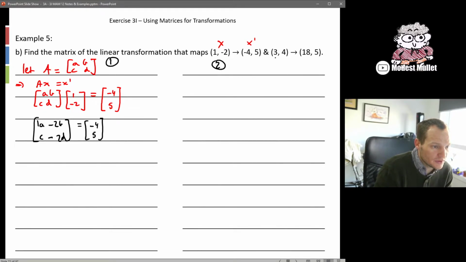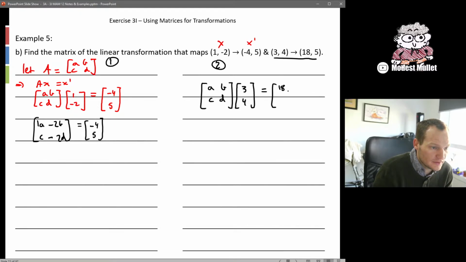Now we'll do transformation 2, which is this one. Same thing, we get our placeholders a, b, c, d, bracket. What do we start with? 3, 4, and that gave us 18, 5.